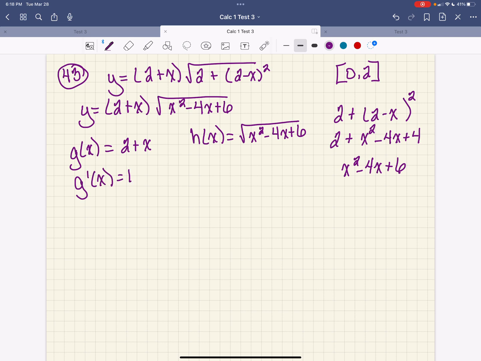For h of x, we're going to have to do u substitution. So for u, I'm going to have x squared minus 4x plus 6. f of u is going to be the square root of u, and we know that is u to the 1/2.